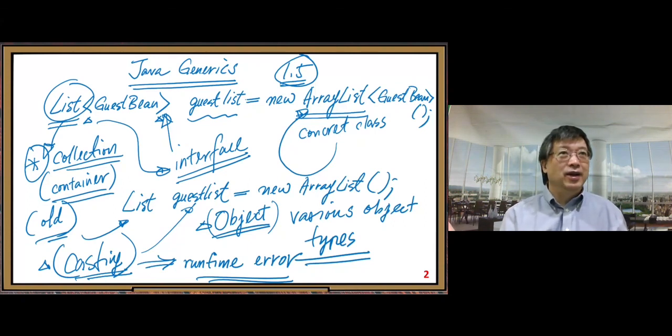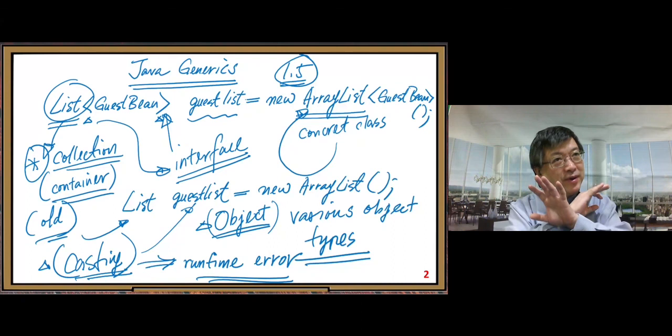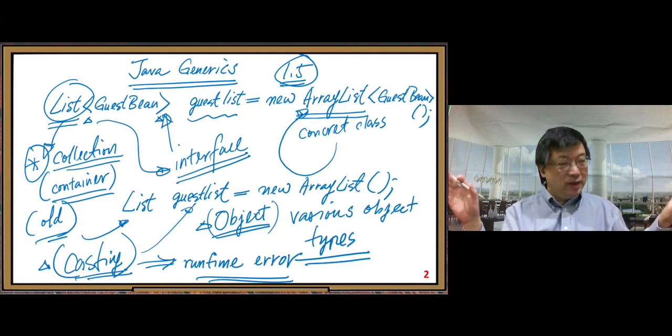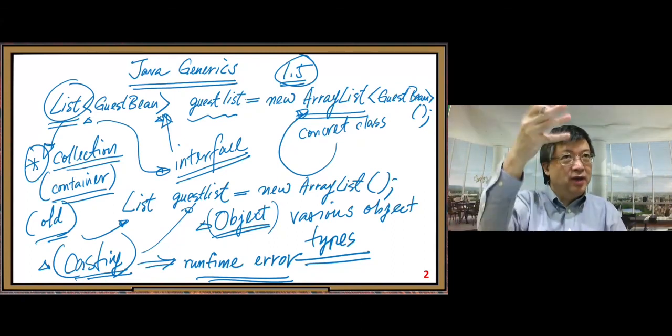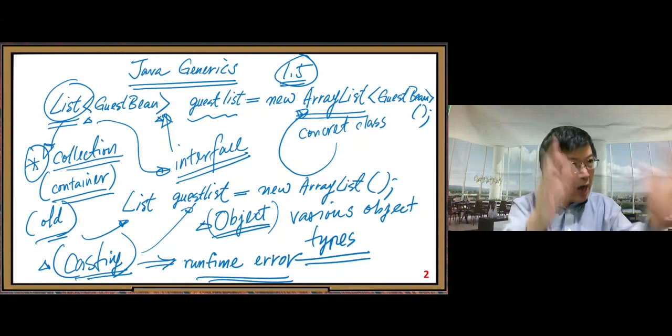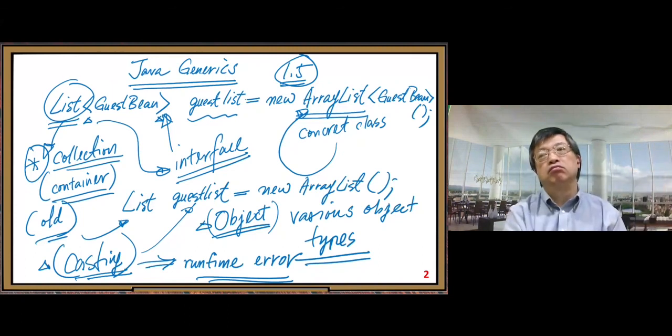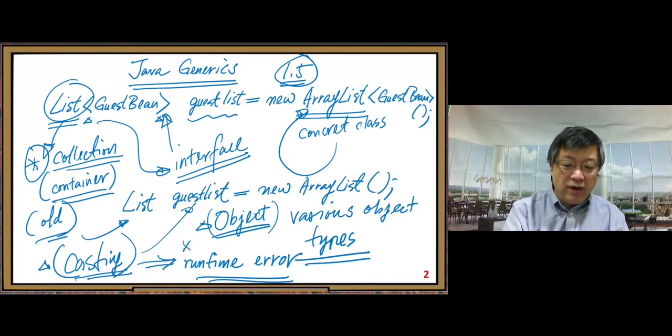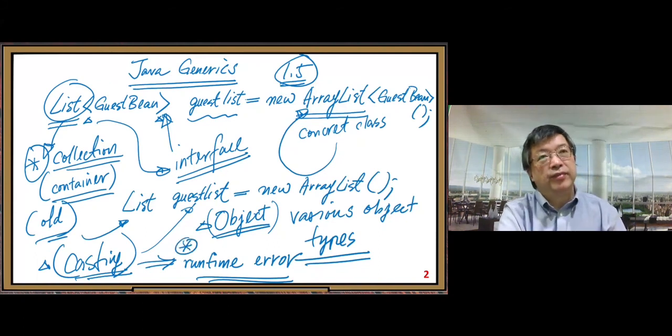So there is no compile error, but when you run it, you get an error at runtime from the wrong casting operation. You need to fix it, and we know a runtime error is very hard to fix. You need to find the location, then figure out what the error is.